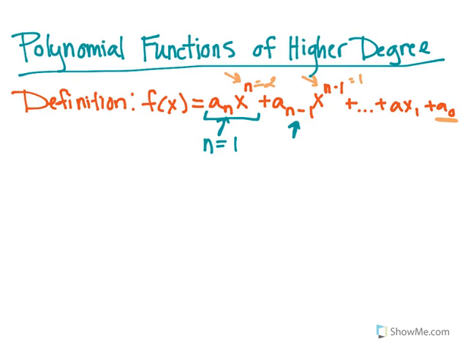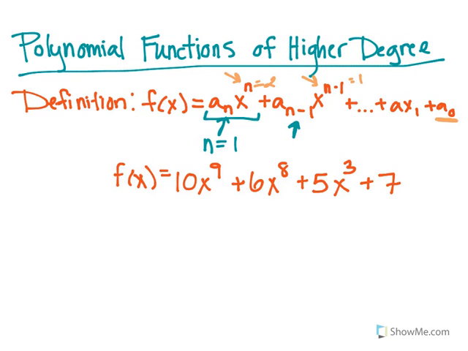That's all that means. So there are several different polynomial functions that exist. There's tons of them. This is an example of a polynomial function. These guys right here are those subscripts of n. So this is my first one, this is my second one, this is my third one, and so on and so forth.